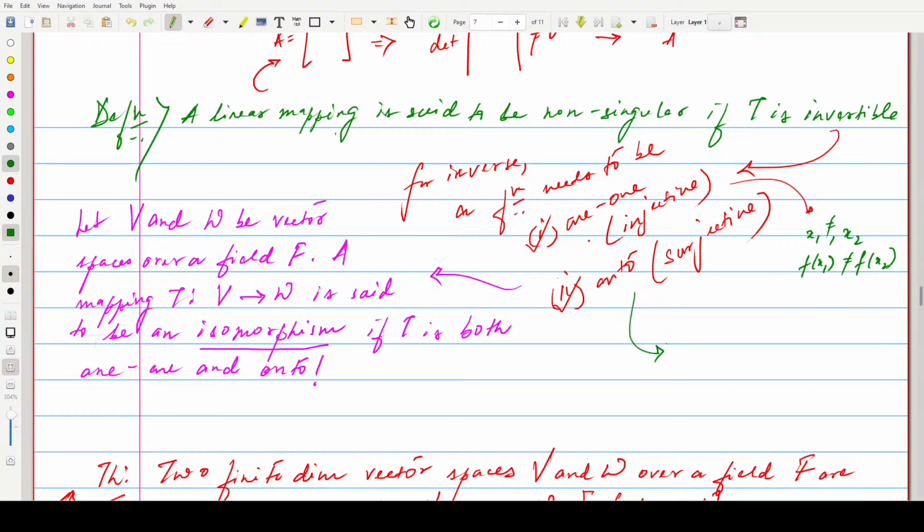And surjective is that there exists a pre-image for every element.